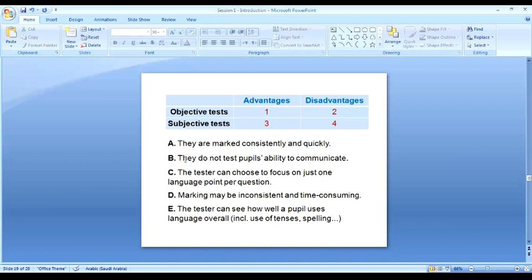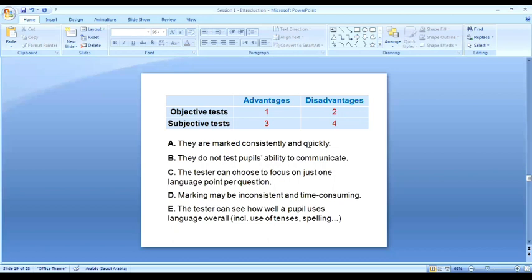So let us see the advantages and disadvantages of subjective test and objective test. One: they are marked consistently and quickly. Is this subjective or objective? They are marked consistently and quickly, and this is the objective test. Two: they do not test pupils' ability to communicate.